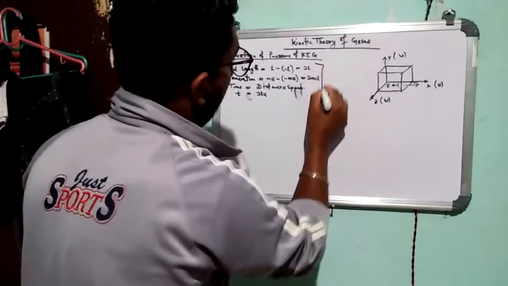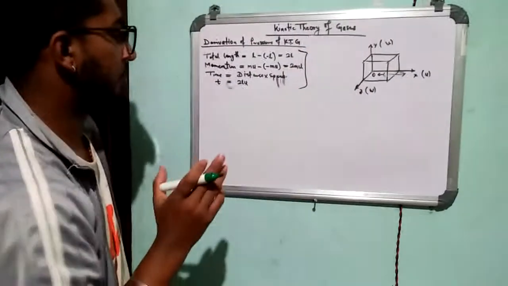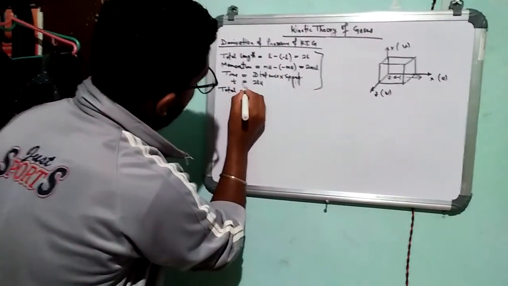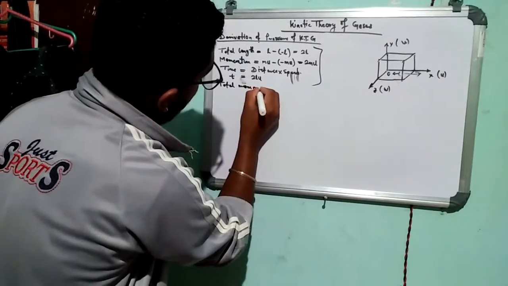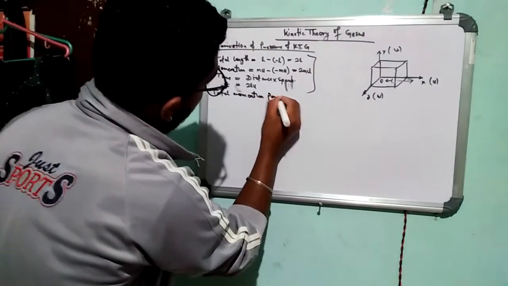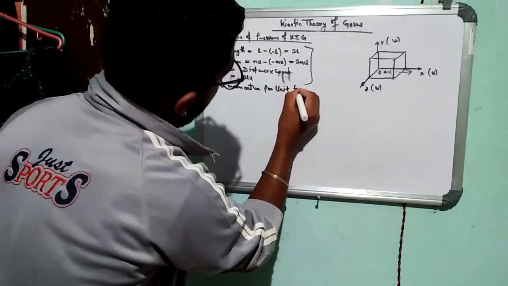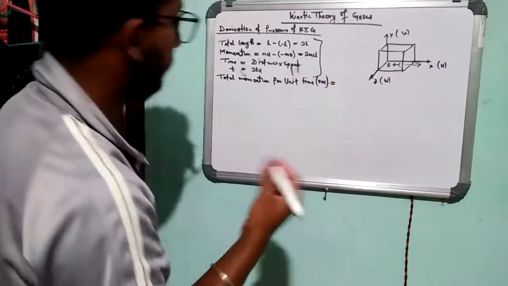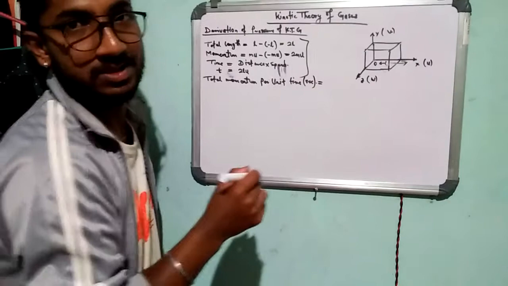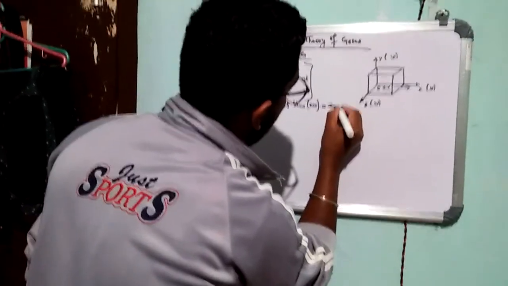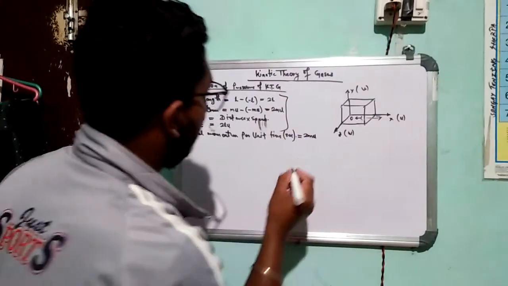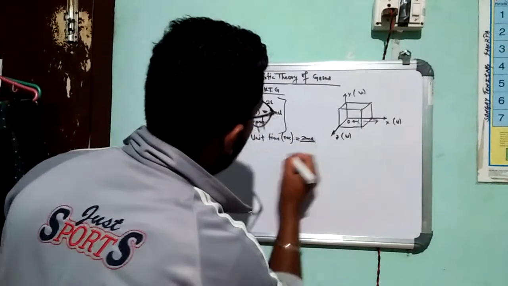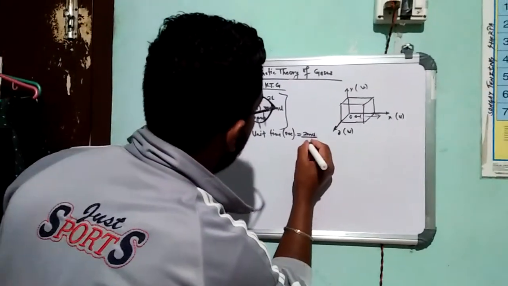So after calculating all these things, the total momentum for unit time, that is per second, will be the total momentum 2mu divided by time.